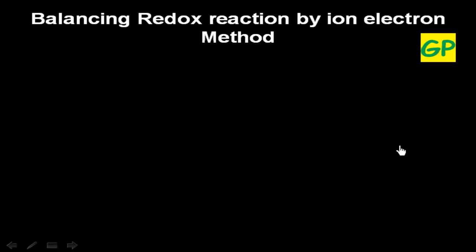In this lecture, we will discuss balancing redox reactions by the ion electron method. Basically, there are two methods to balance any redox reaction. The first method we have is the oxidation number method.